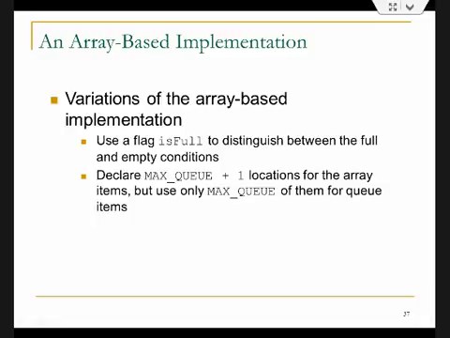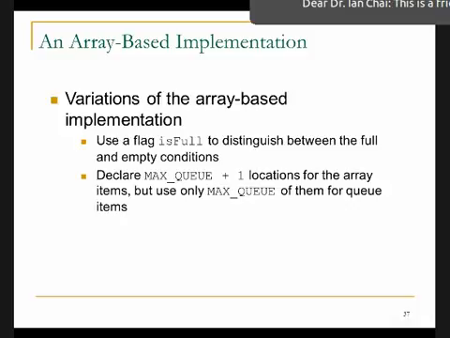So there are other ways to deal with this back and front problem, to tell whether the queue is full or empty. One way is to have a flag that you use to distinguish between full and empty conditions instead of keeping a count. And another way is you declare max queue plus 1 locations.